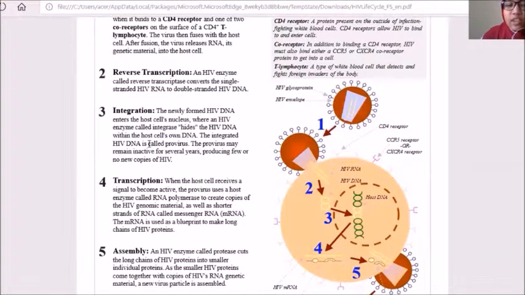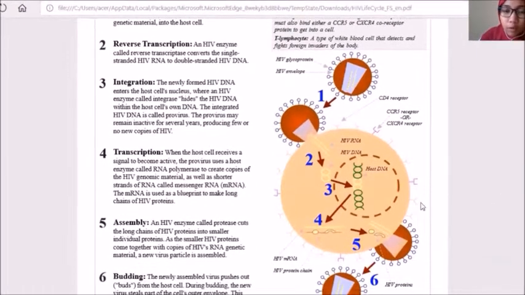This integrated HIV DNA is called provirus. This provirus may remain inactive for several years, producing no copies. Some will go further in the process and some will just remain in the nucleus.